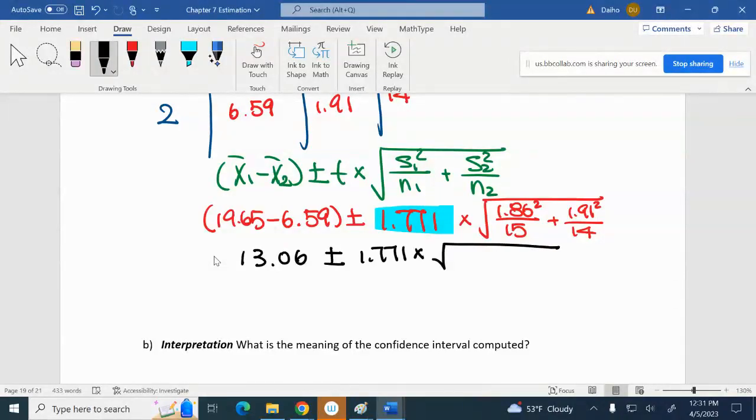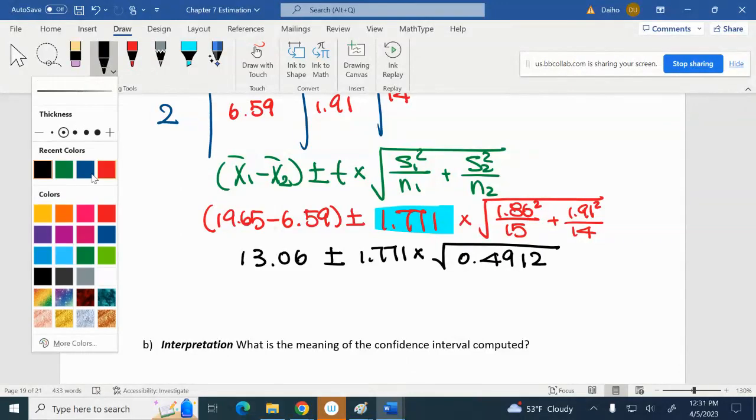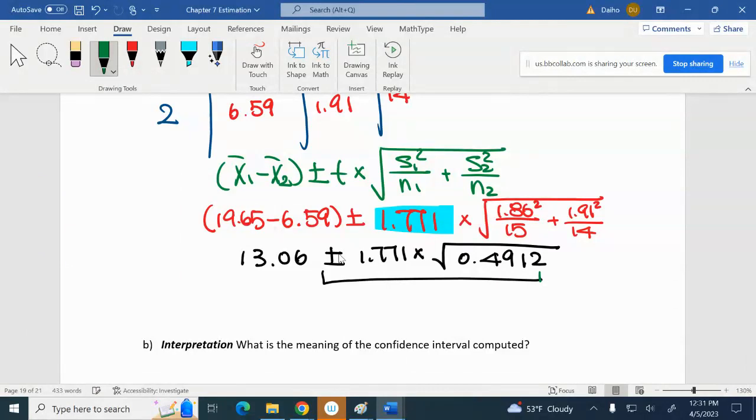Let me take the inside of the square root first: 1.86 squared over 15, plus 1.91 squared over 14. Then it will be 0.4912.